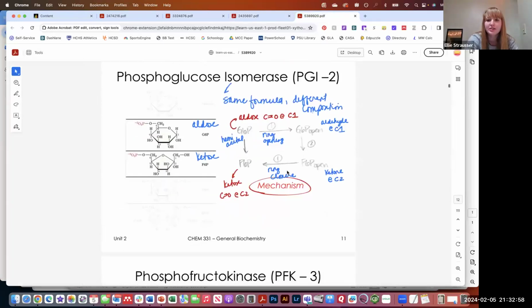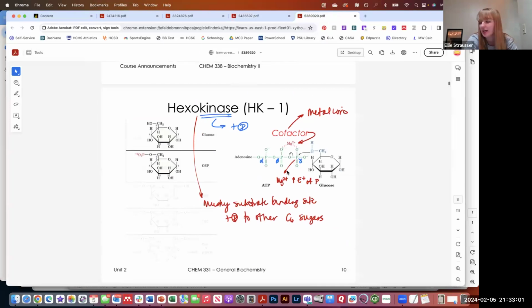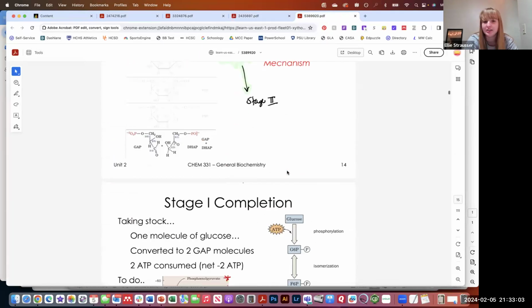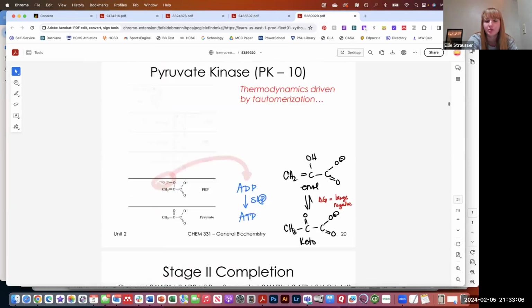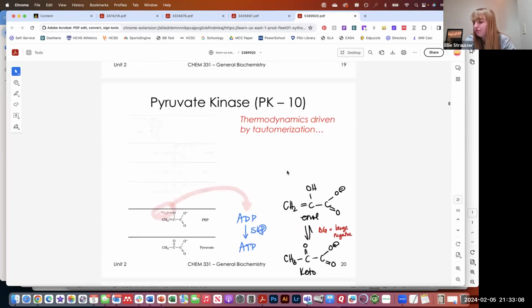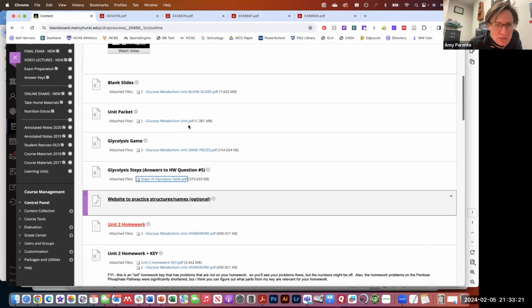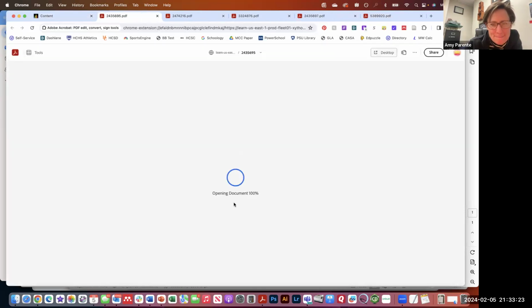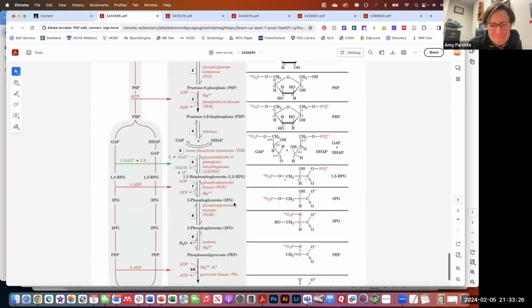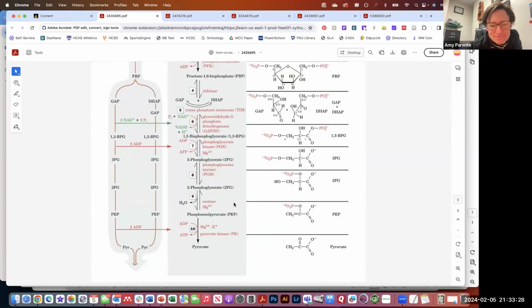Why does step 10 need both magnesium and potassium, where the rest of them just need magnesium? Let's see. I might need to know where you see that. Oh, it's on that. Okay, let me open that up. I know exactly what you're looking at. I don't know that, because you found a little Easter egg that I was not even aware was there.